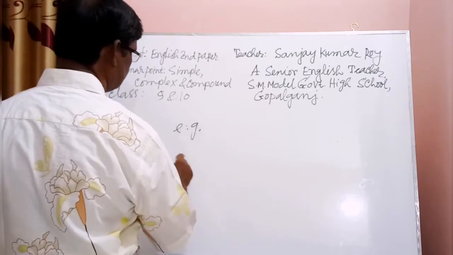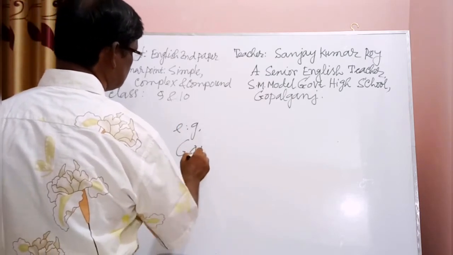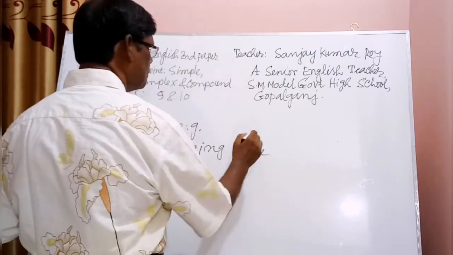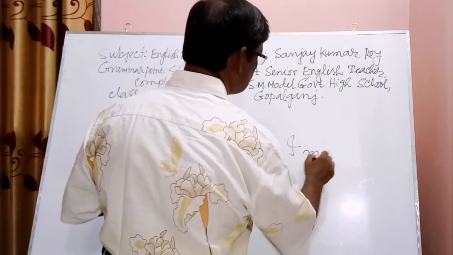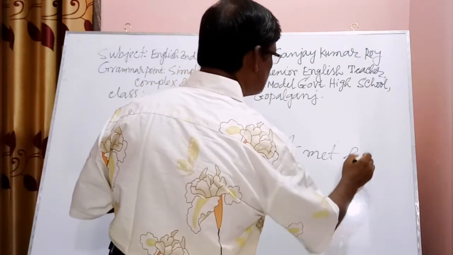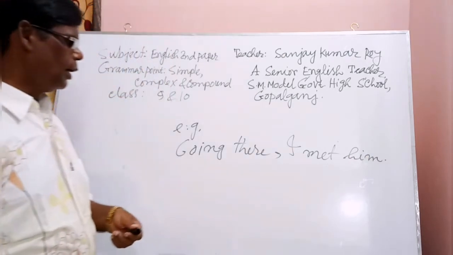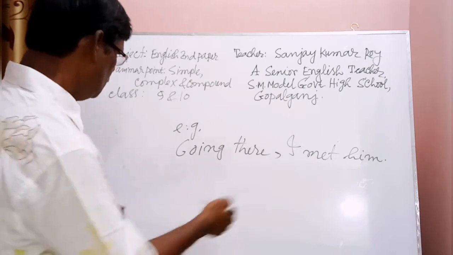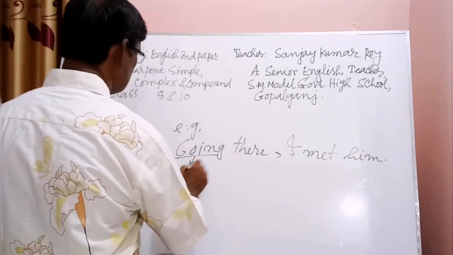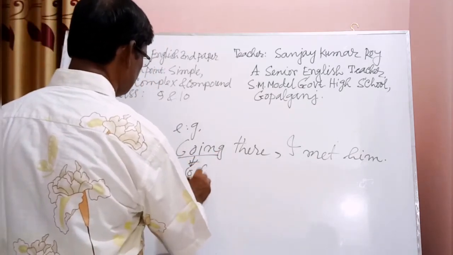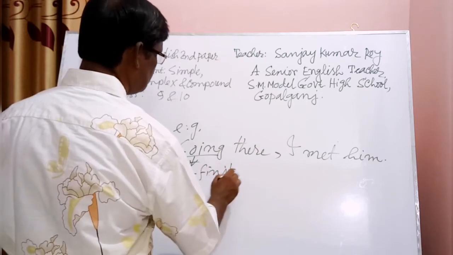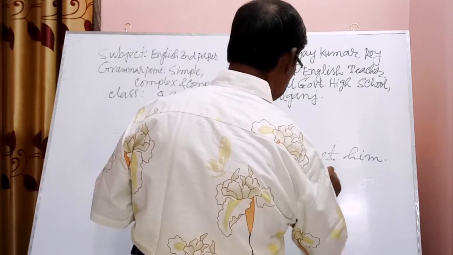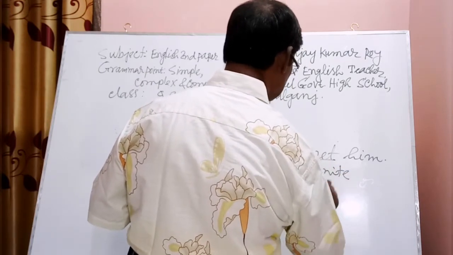For example, going there I met him. Going, this is a non-finite verb, and met, this is a finite verb.